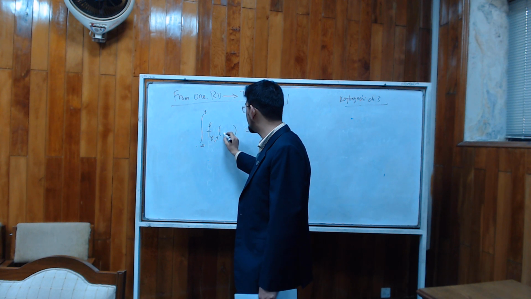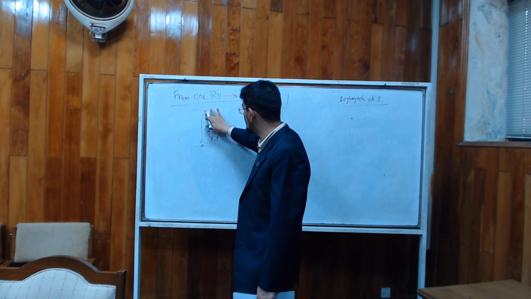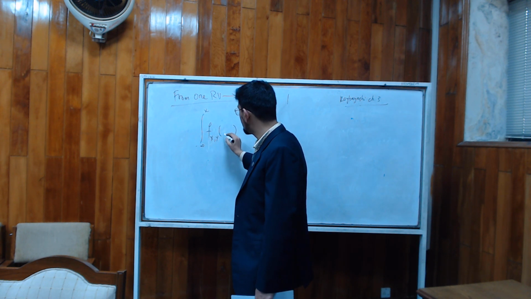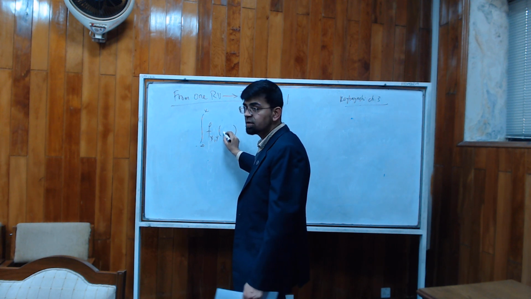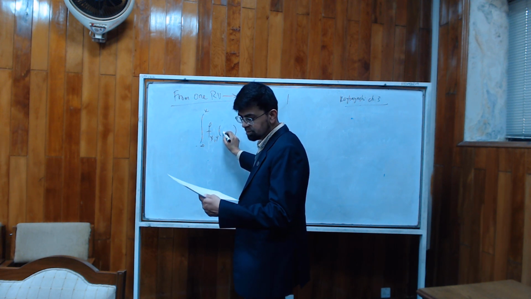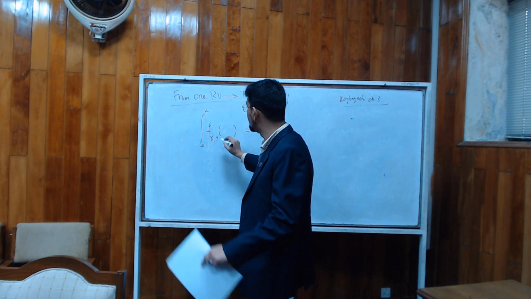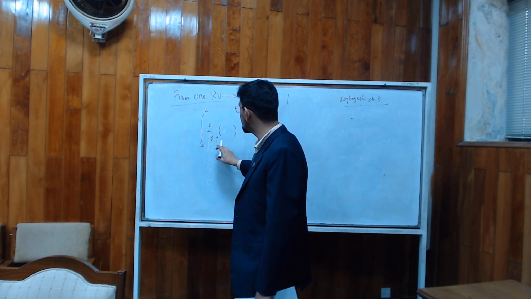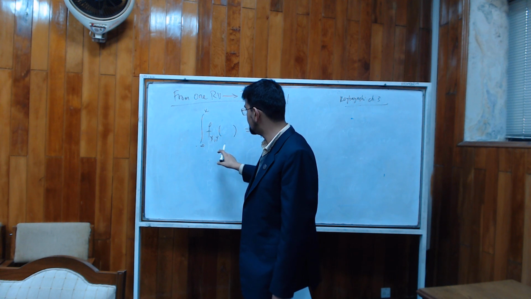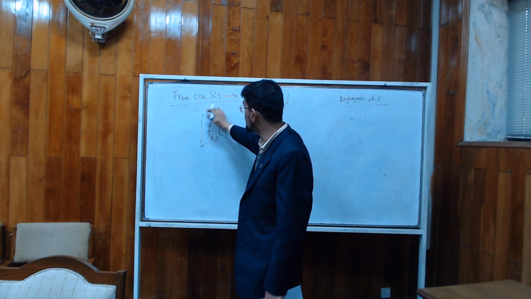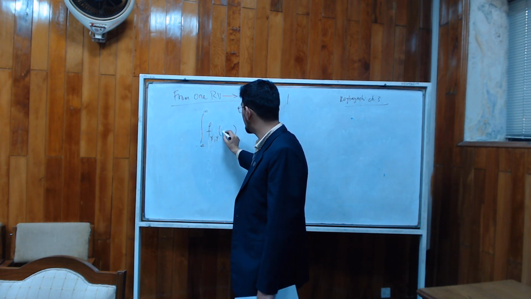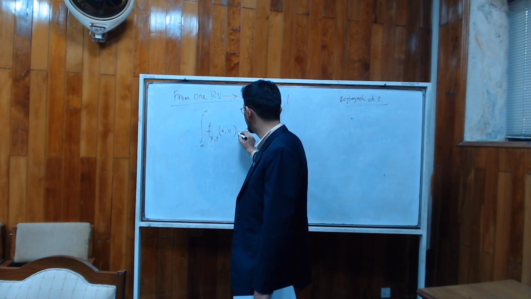So this will leave you here with, because from minus infinity to x, you cannot use x here, so let me check. No, I think you're right. So we have to integrate over y, from minus infinity to infinity, and we will let x be here.